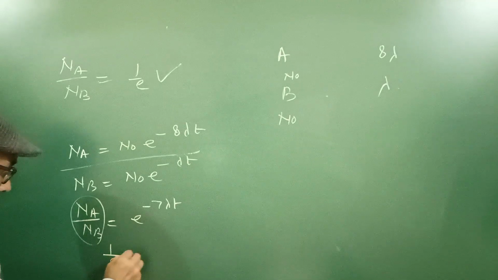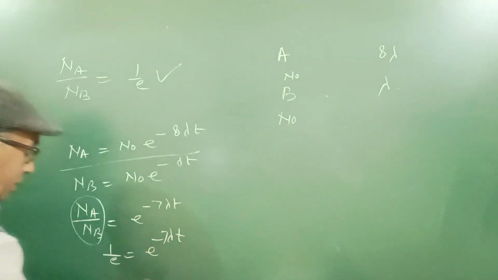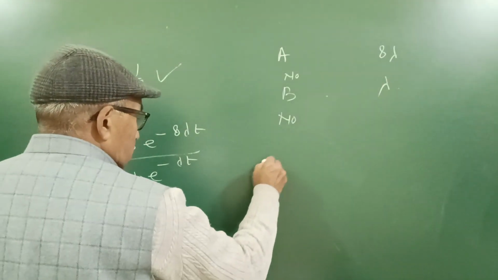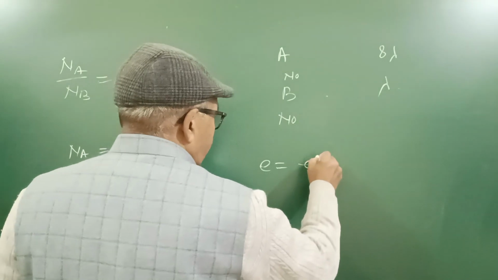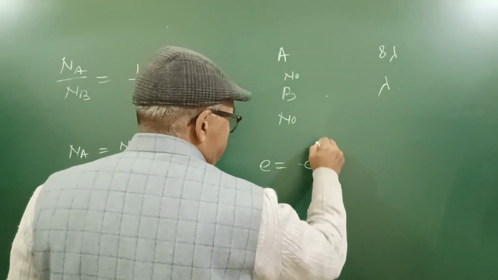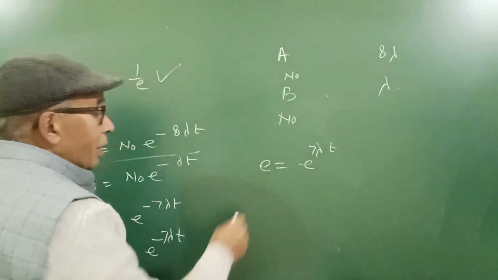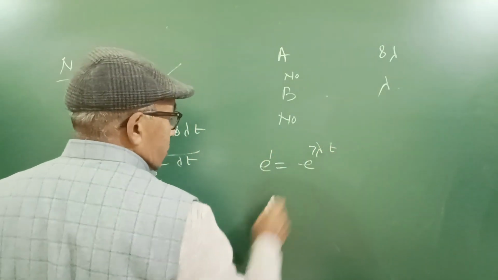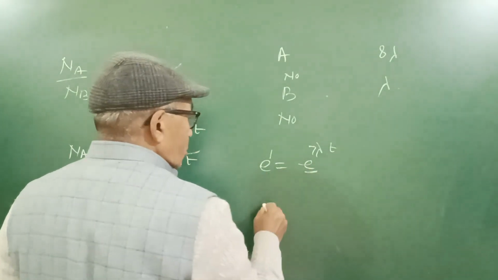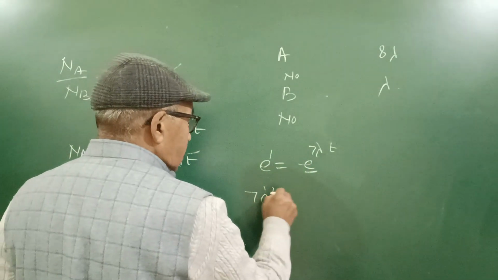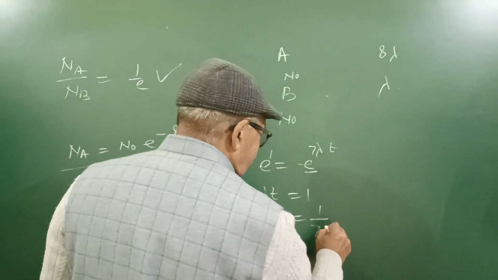1 upon e equals e to the power minus 7 lambda t, or e equals e to the power 7 lambda t. Comparing the powers, here the power is 1. If two sides are equal with the same base, their powers are equal. So 7 lambda t is equal to 1, so t is equal to 1 by 7 lambda.